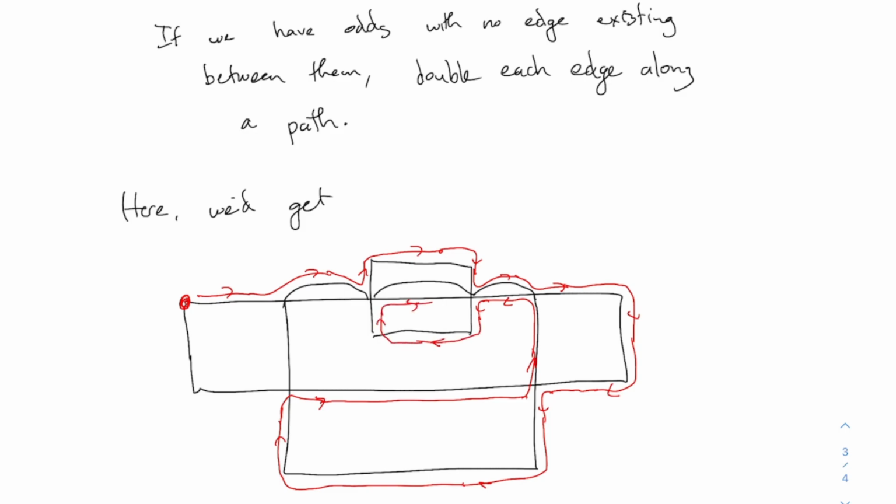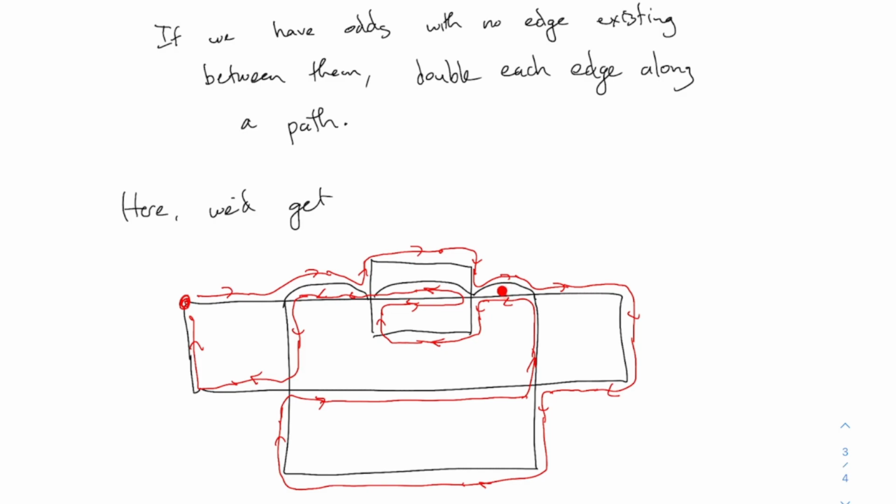I'll go back and forth here. There's my second edge duplication, and there's my third one. Like that, all right? We have a circuit with 3 edge duplications here.